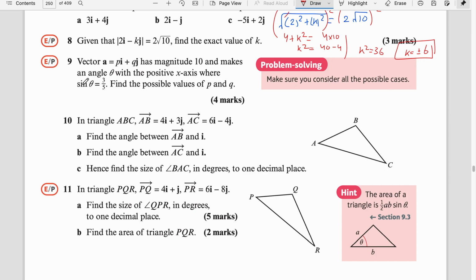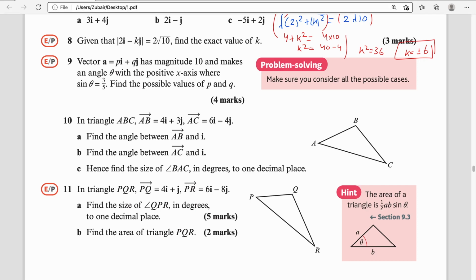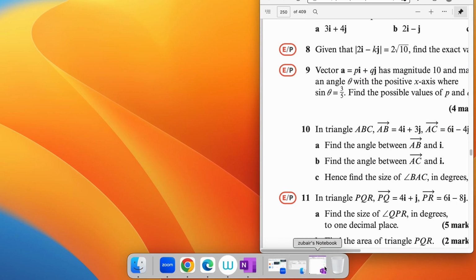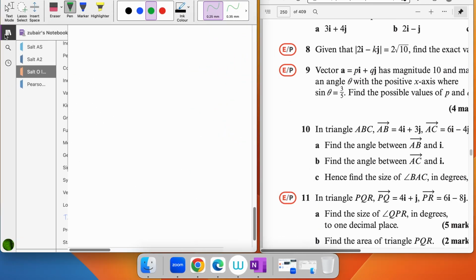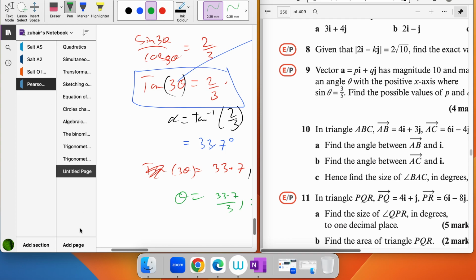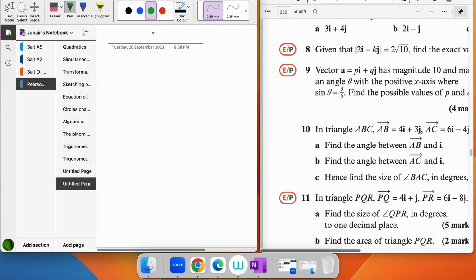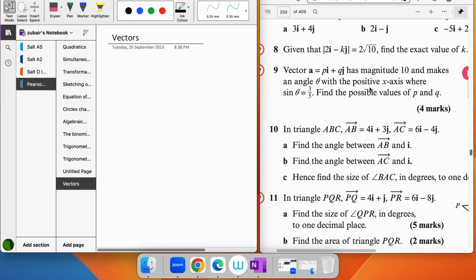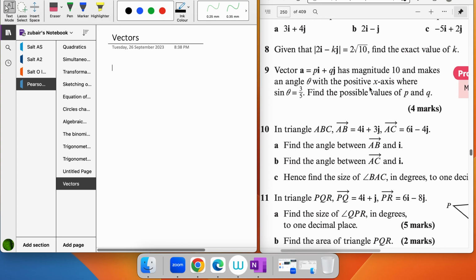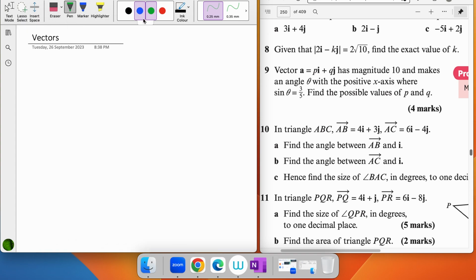Now see question number 9. Question number 9 says that vector A is Pi plus Qj, both are unknown.